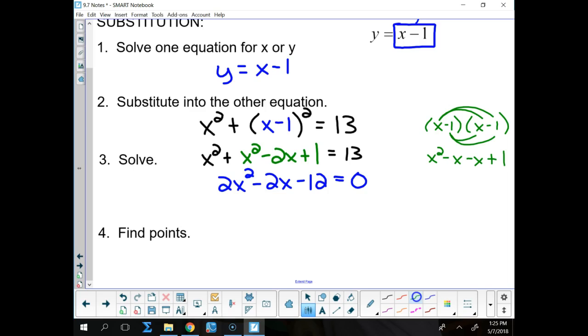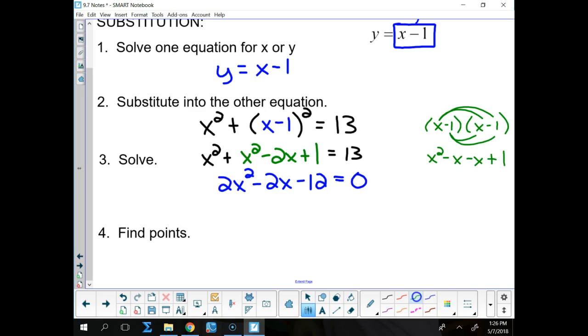I got to get it equal to 0. If my x squared terms went away, then I could get variable equals number and solve it from there. If my linear term went away, then I could get squared term equals number, square root both sides, don't forget the plus or minus. But because neither one of them went away, I got to go this way.